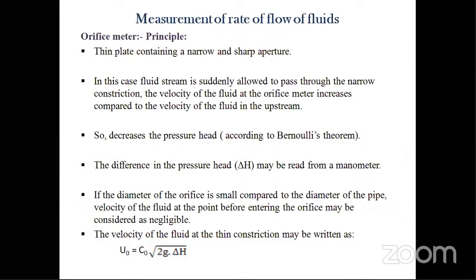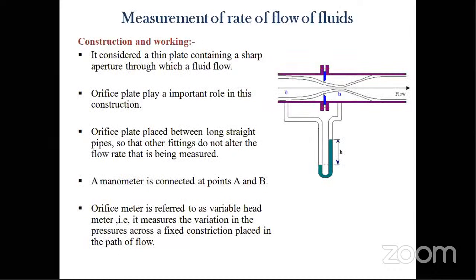The velocity of the fluid at the orifice meter increases compared to the velocity of the fluid upstream. The liquid flows into portion A, and then it goes through the narrower portion. When it enters the narrower portion, it creates a larger velocity, meaning there is a velocity difference.